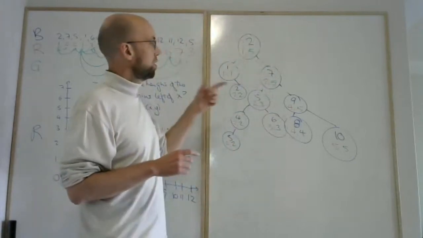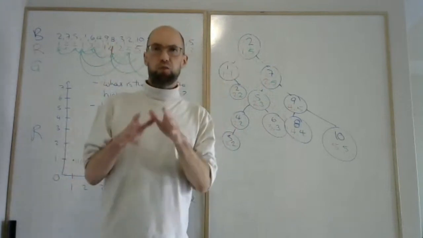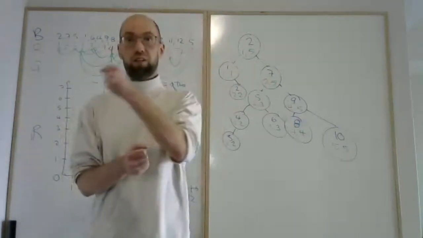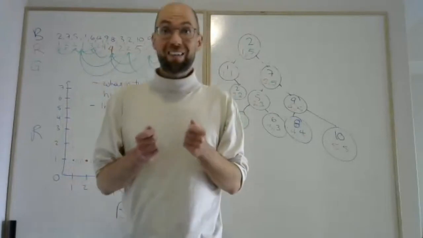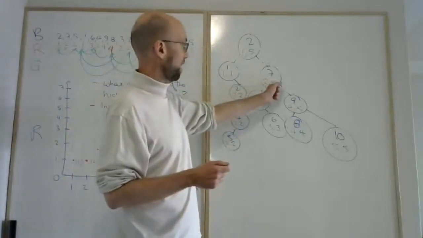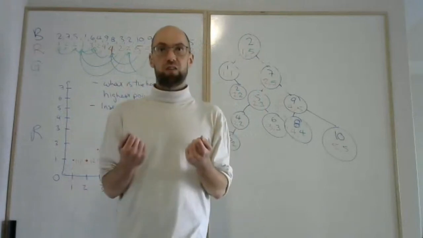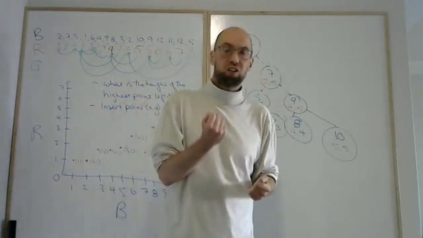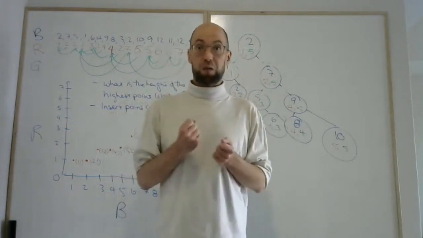But now you have your keys, and the red values are associated to those particular keys. So when you do a rotation and you rotate the blue keys, the red keys go with them. But now you have these green values, which are the maxima in the subtrees. So now when you do a rotation, you have to be careful not to mess up your maximum.